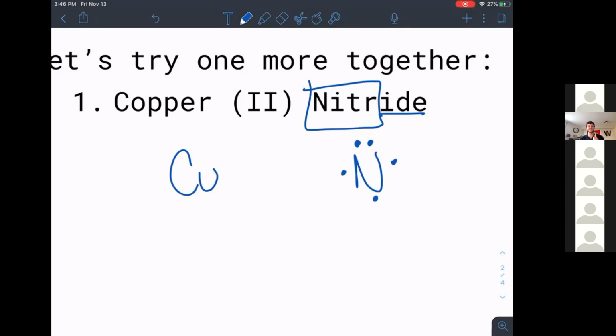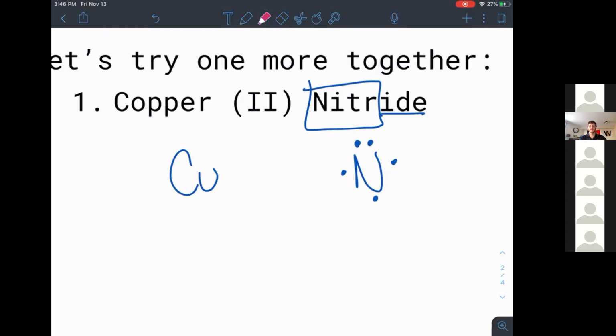So copper is where on the periodic table? What section? Transition metals. So if it's a transition metal, where do we have to look to find out its charge?